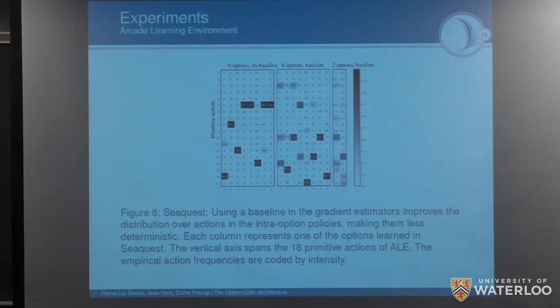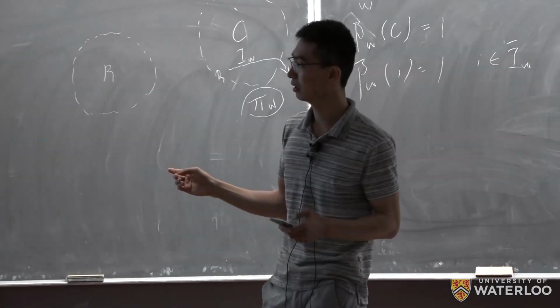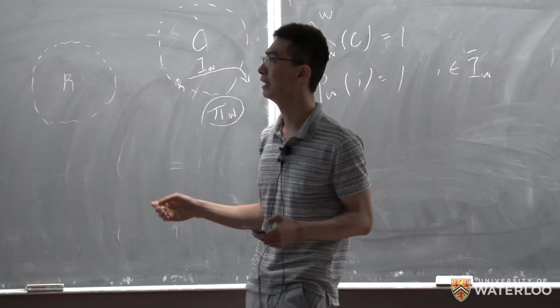In the experiment, we find a problem: if we do not add any baseline for the Q omega function, it is pretty easy for the intra-option policy to become deterministic quickly, and that's not good for exploration. So we add a baseline for the option value function, which makes the intra-option policy less deterministic.